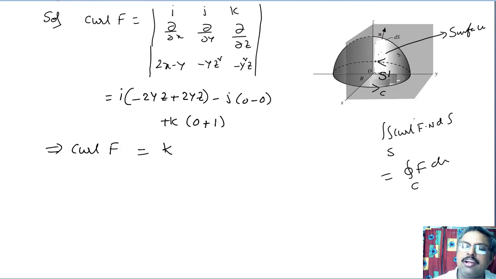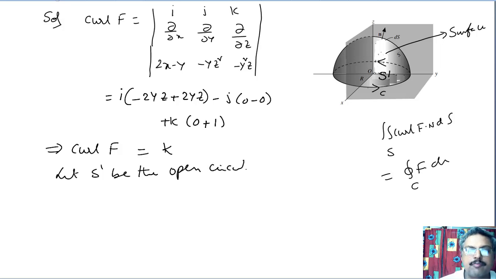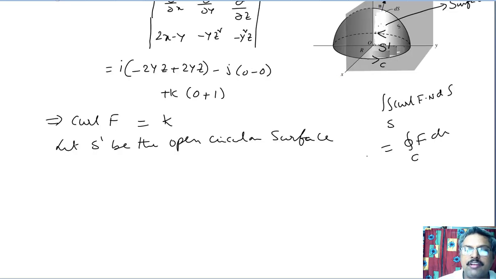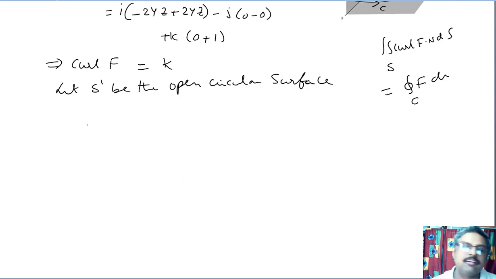S dash is this open circular surface. We already discussed this in our earlier class by using Gauss divergence theorem.